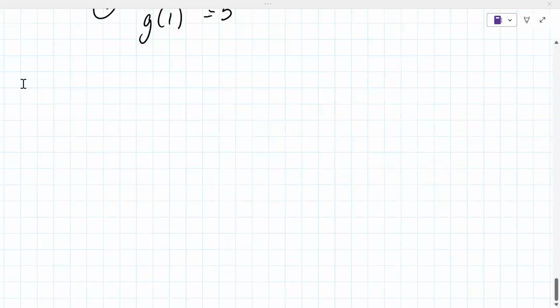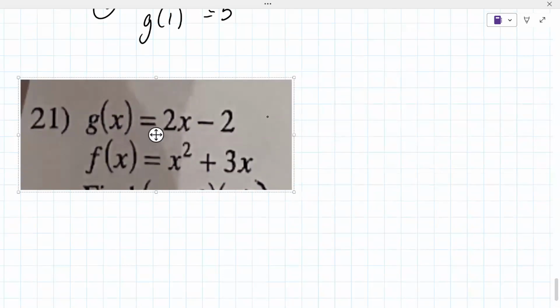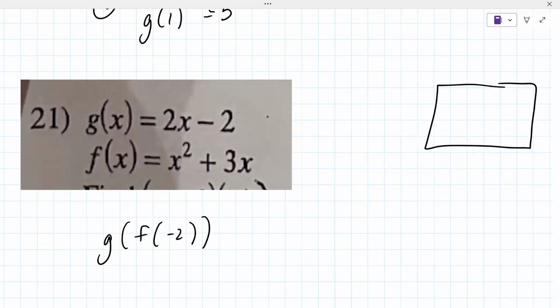All right, here we go. Let's say I give you this, and I want you to find g of f of -2. Go ahead and calculate that for us, please. I'm just going to grade your final answer.